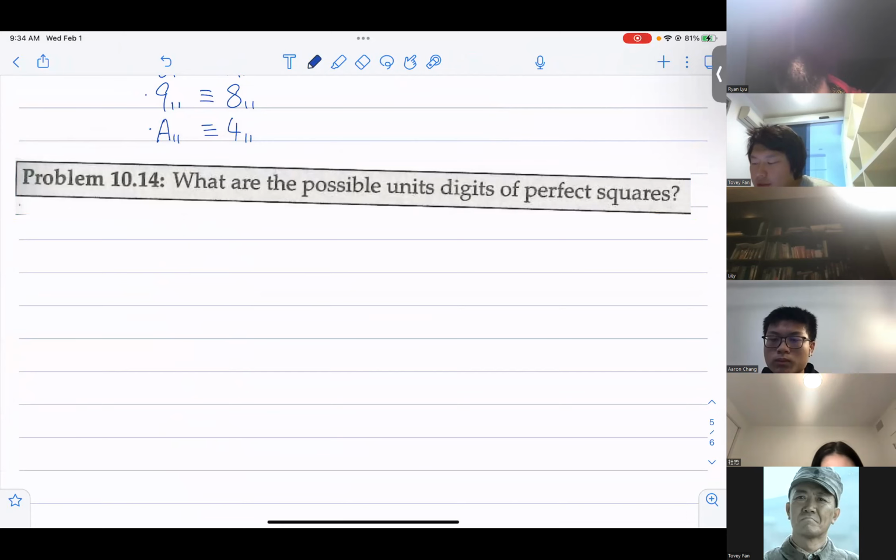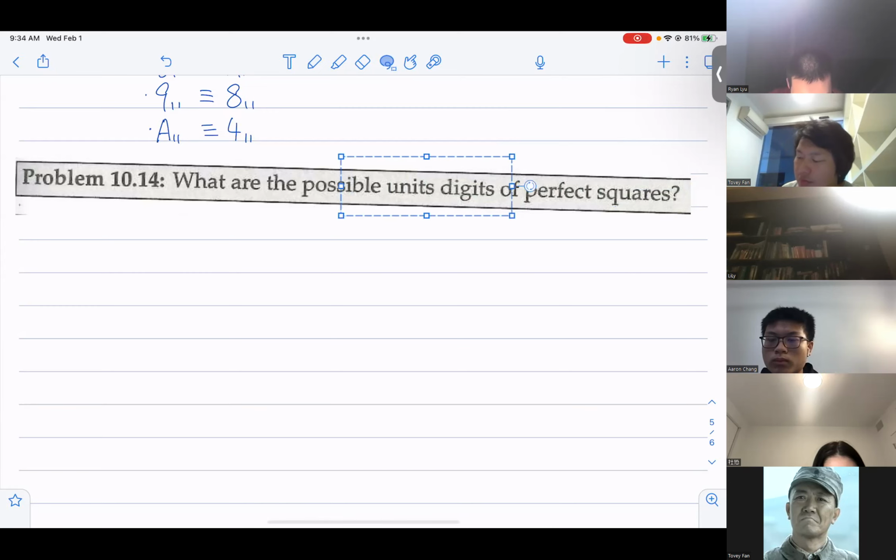What are the possible unit digits of perfect squares? This is not hard, right? Anyone? 所有的完全平方数的个位数有可能是几呢？这个题非常简单，这只是一个 exploration. What do we do?